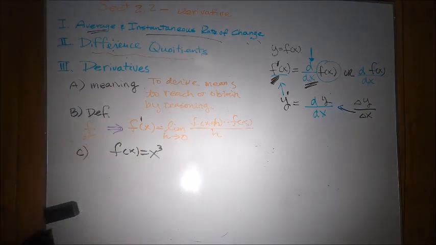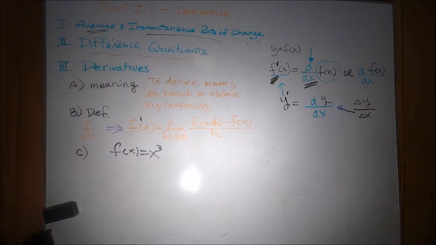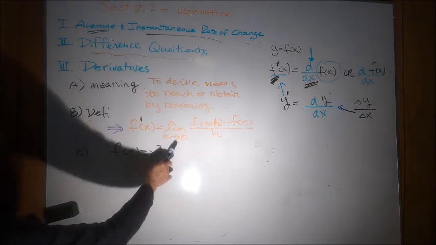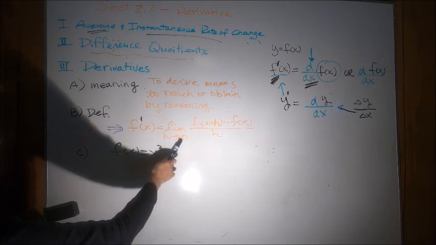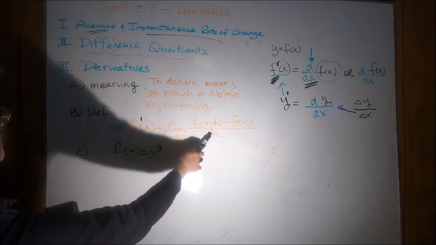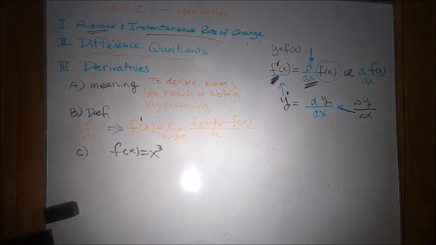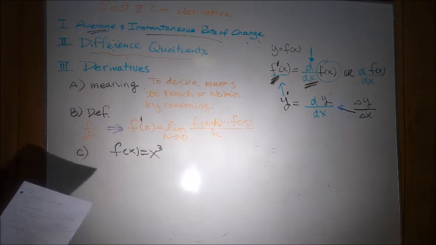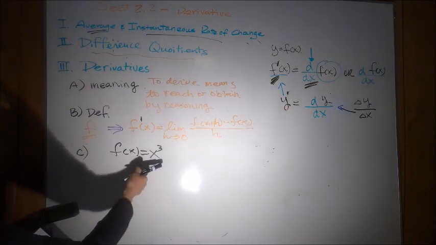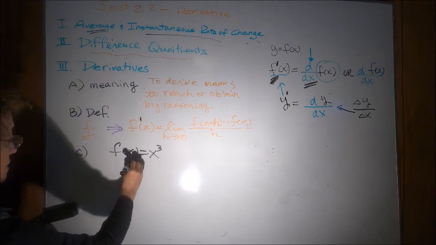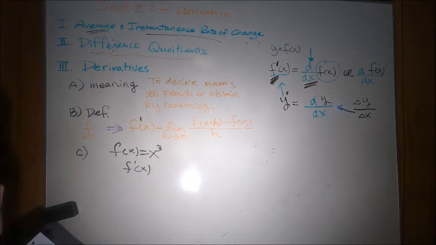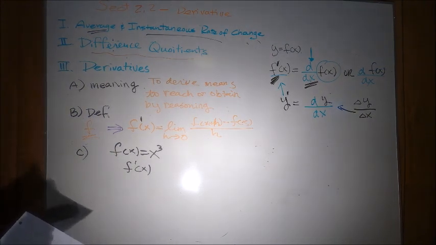Then it's the same thing. Finding the derivative is finding what? The limit of the difference quotient. So if we want to find the derivative for this function, you use the new symbol you just learned, f prime, right?